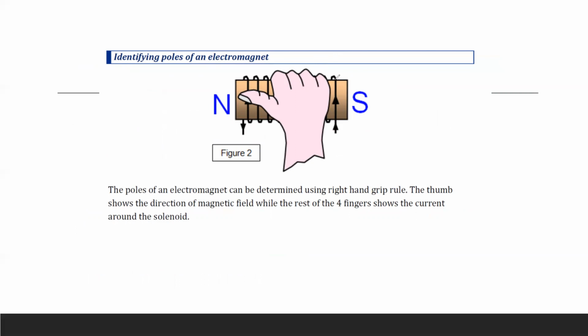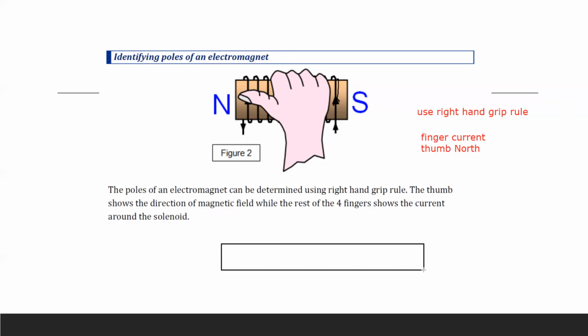According to the right hand grip rule, fingers will turn in the direction of the current and the thumb will point towards the north. So as you can see, in this case the fingers represent the current, it's a loop, so current is passing.